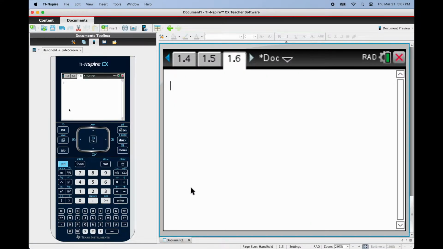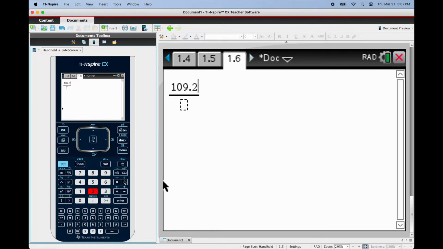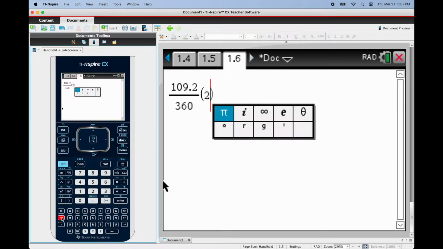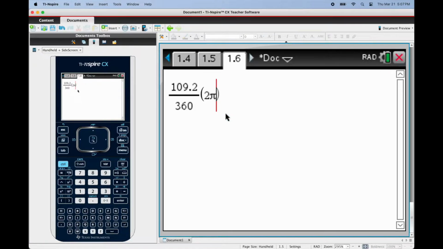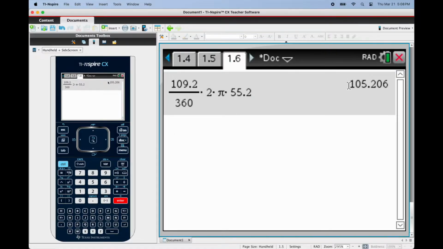Okay, so we have 109.2 over 360, and we want to multiply this by 2 times pi times the radius we said was equal to 55.2. And this would be our arc length, 105.206.